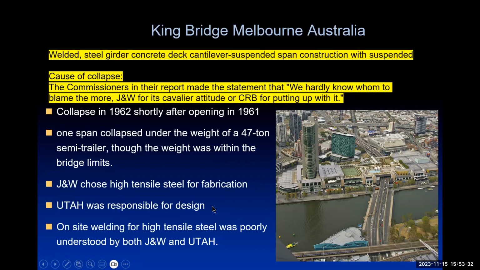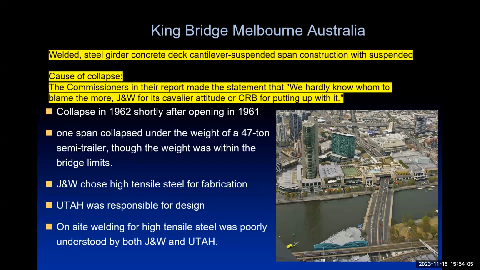In practice, they had used a British standard, and then knowing that there was a problem, that the standard didn't cover high tensile steel, there was a little addendum which both companies ignored. So they both misunderstood the requirements for high tensile steel. The specifications were not very well met anyway. They were not very well written anyway.